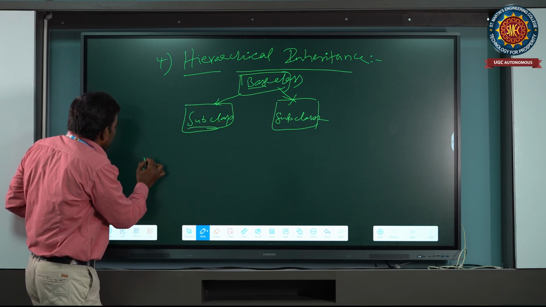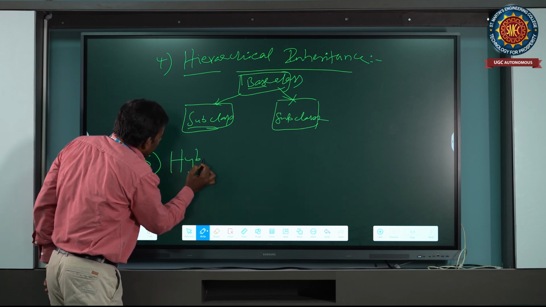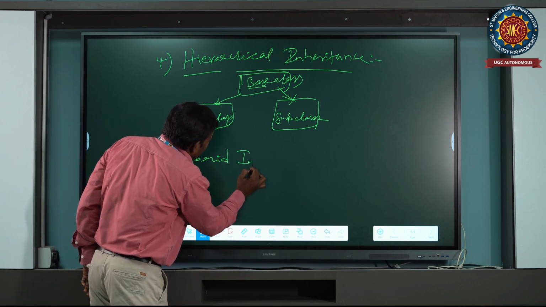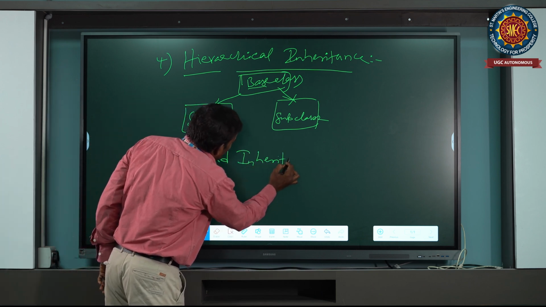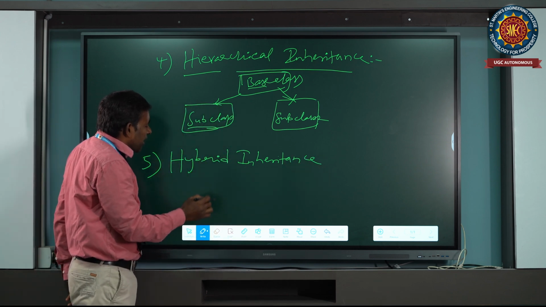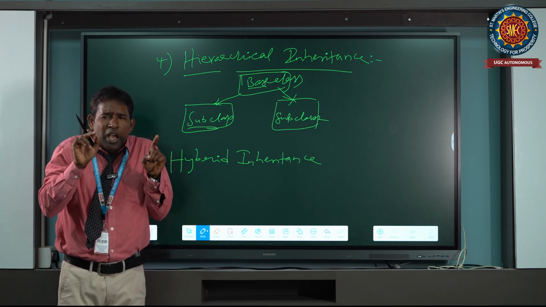Next, the fifth one is hybrid inheritance. What is hybrid inheritance? The combination of any two inheritance is called hybrid inheritance.